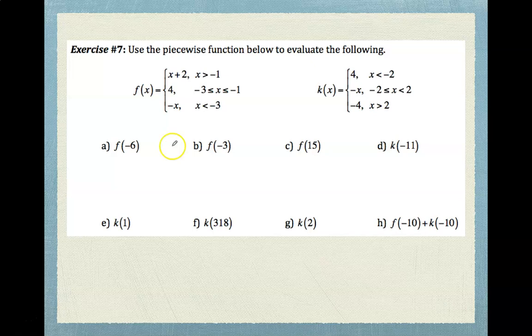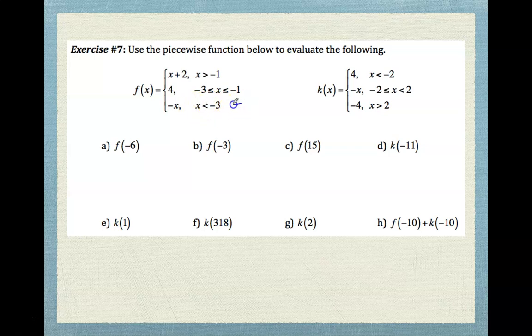Now, if you have functions and no graphs, you can evaluate these piecewise functions the same as you would evaluate any other function. You just need to be careful about which domain you're supposed to be in. So this part A says go to the f function and put in -6. Well, -6 is not greater than -1, is not in between -3 and -1, but it is less than -3.